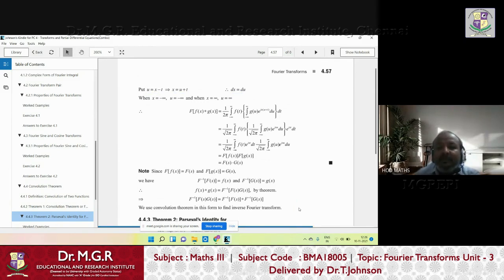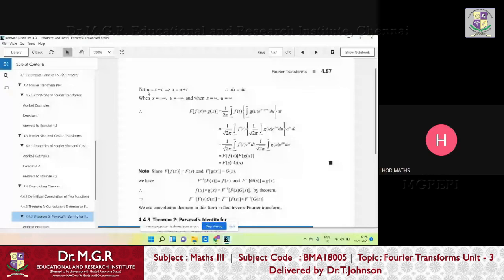So dx equals du, and you are changing from x to u. Now here u equals x minus t. So whenever x is minus infinity, u is also minus infinity. Whenever x is plus infinity, u is also plus infinity.